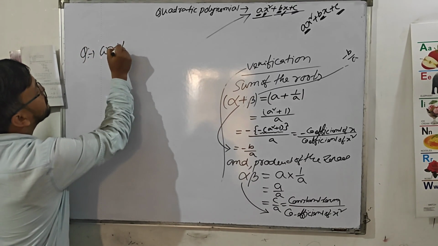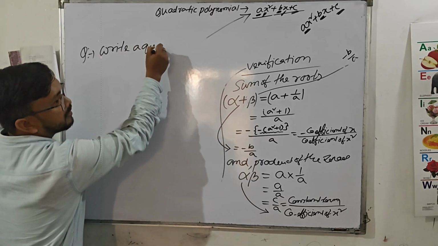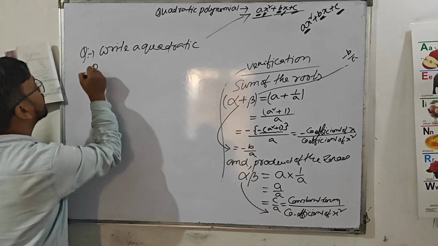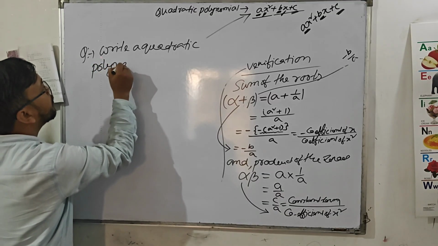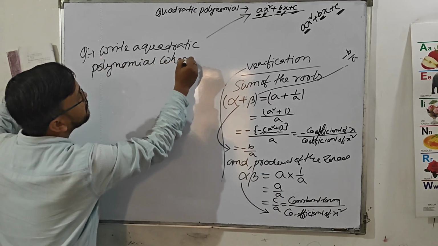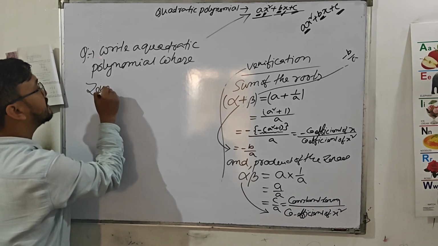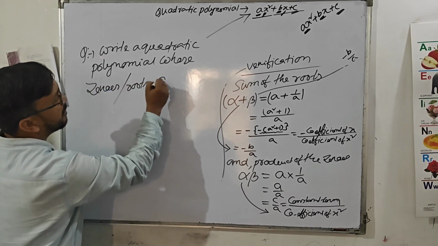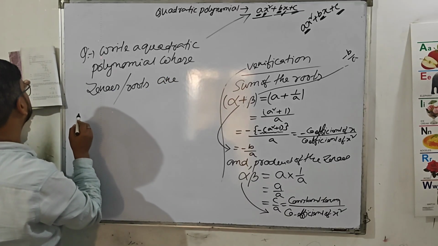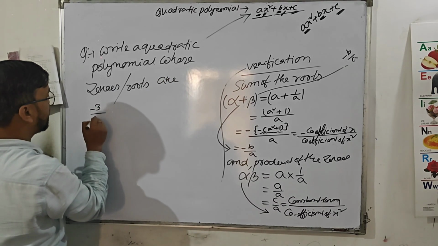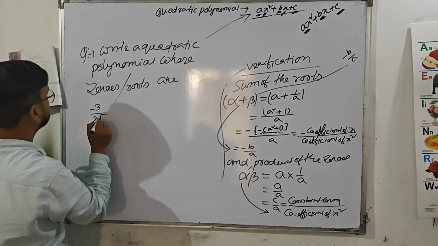Write a quadratic polynomial whose zeros or roots are minus 3 by 2 root 5.